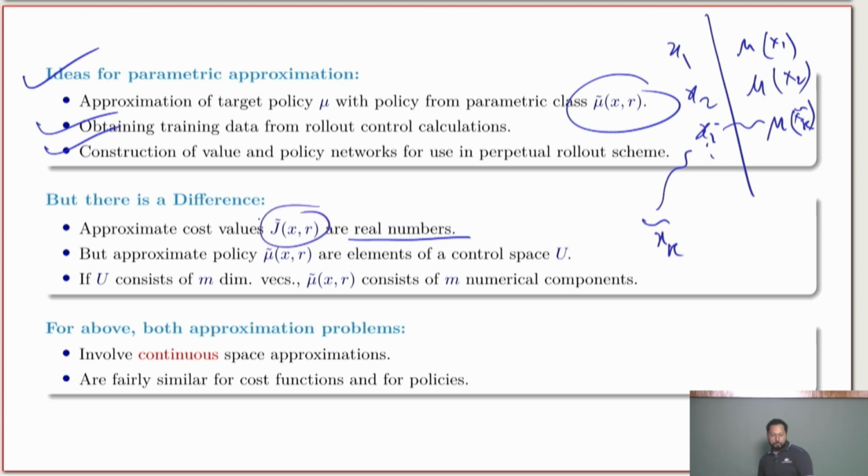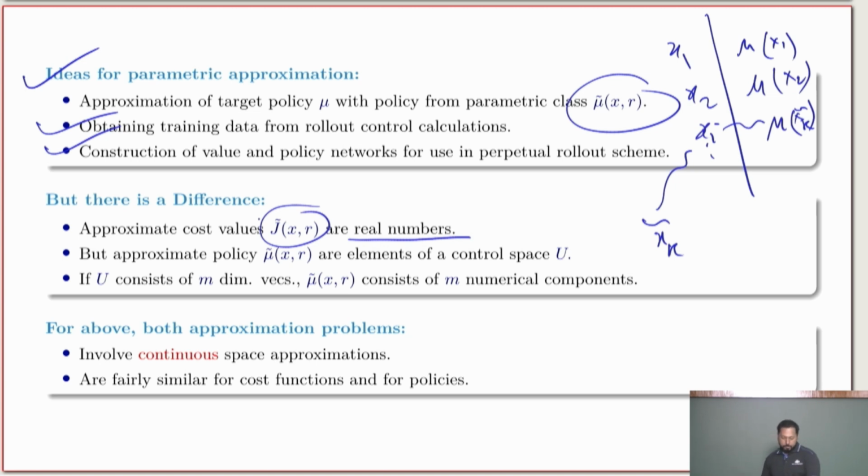Then what does it mean for the approximation architecture? Well, for cost approximations, it will become a regression problem because our labels are real continuous data. If our controls are discrete and finite, it becomes a classification problem, where we assume that there are m controls and we are trying to predict which is the best action to take out of these m possibilities, or classes.